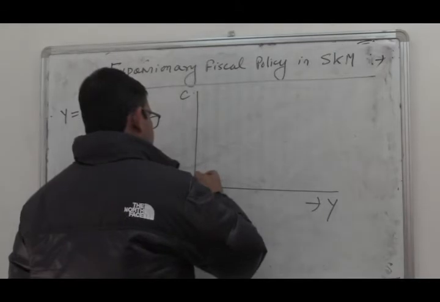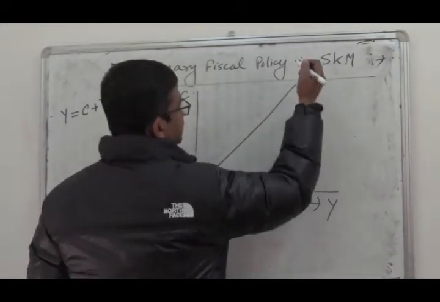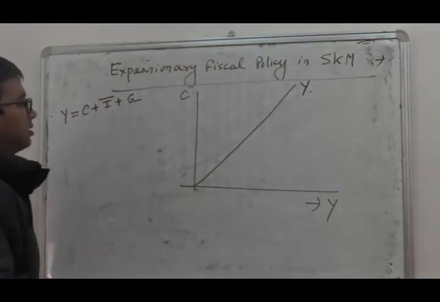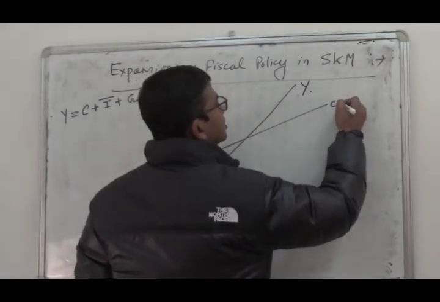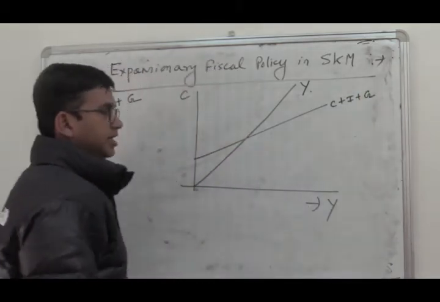Let us suppose that this is our 45-degree bisector, and this is the C plus I plus G, the aggregate demand curve or aggregate expenditure curve.